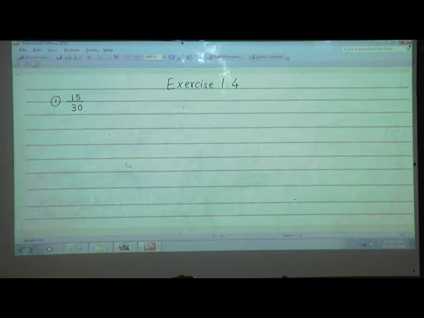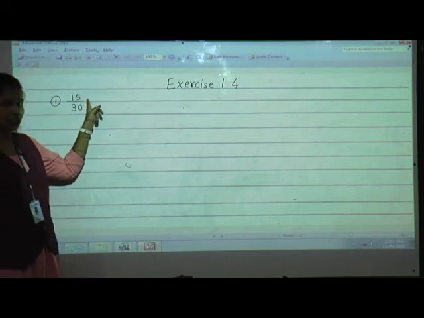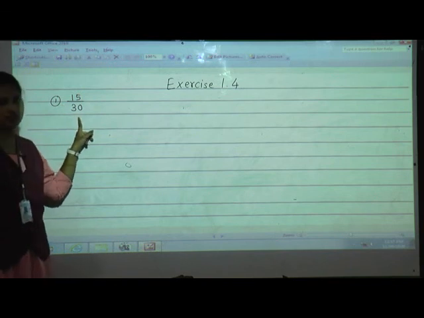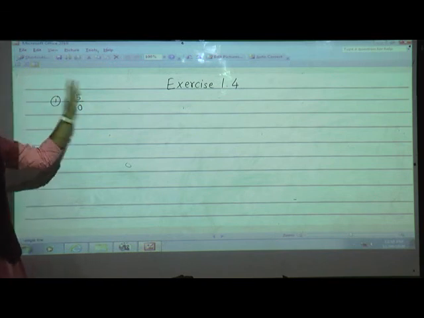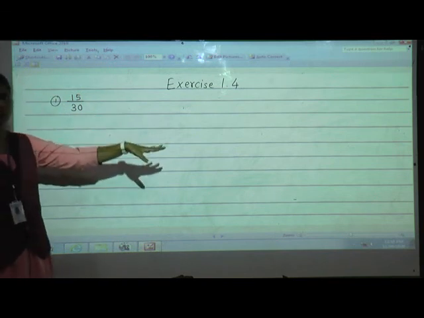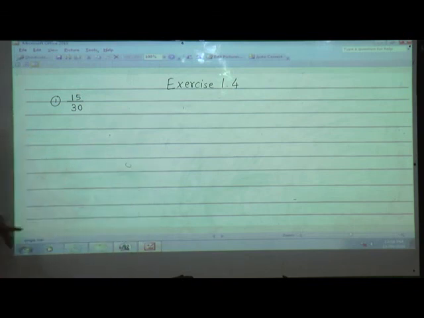To simplify the fractions we need to divide the numerator and denominator by their HCF. Now to find out the HCF we need to know the factors of 15 and factors of 30 and the common factors, then whatever HCF will come.